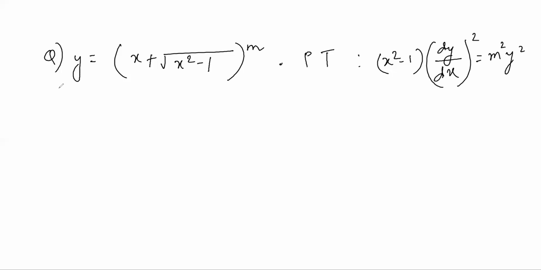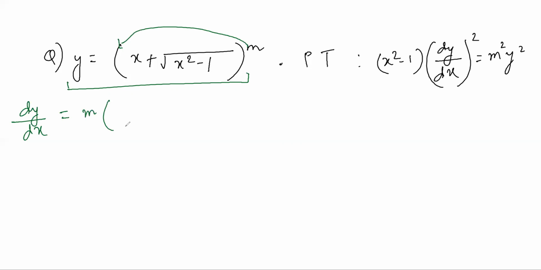So we have been given y and we will differentiate this. We will write dy by dx. What will it become? This m will come forward, so it will be m into x plus under root x square minus 1 to the power m minus 1. Following chain rule, now we will differentiate the things inside the bracket.